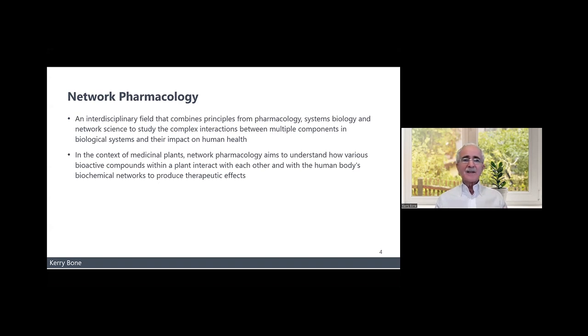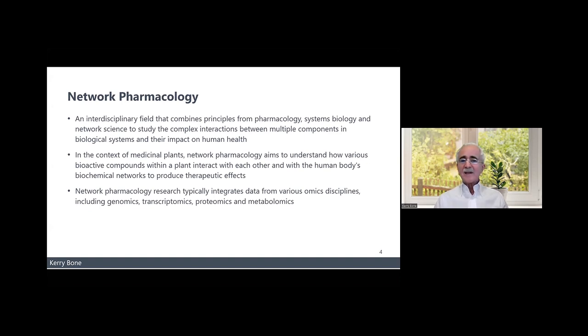It aims to understand how the various bioactive components within a plant, or indeed a mixture of plants, interact with each other, and especially with the human body's biochemical networks to produce a given therapeutic effect, and many effects are likely. It typically integrates data from the various disciplines known as the omics: genomics, transcriptomics, proteomics, and metabolomics.